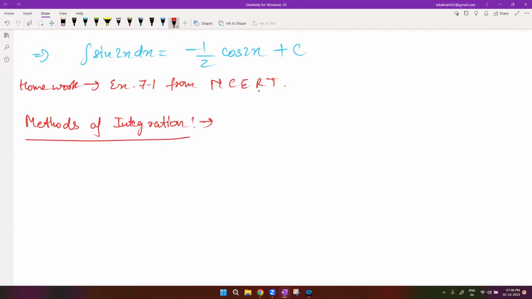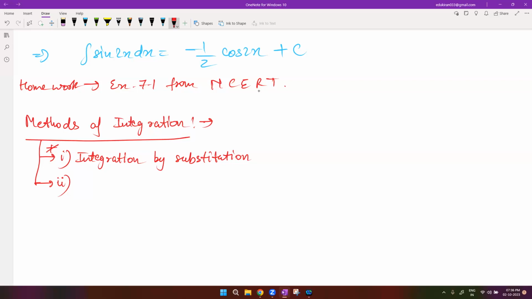In particular, there are 3 methods, and the first one is the most important. First is integration by substitution. It is the most important method among all 3, and the one we will mostly use.